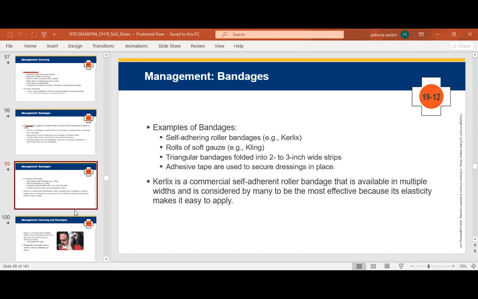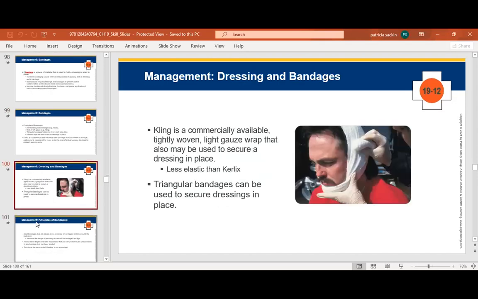Again, once we're up on the hill or doing the practical, you're going to be able to see hands-on all these things and see how to use them as a dressing and as a bandage, and how to put them in different applications. Next slide. Here you see them using cling and wrapping around the head.